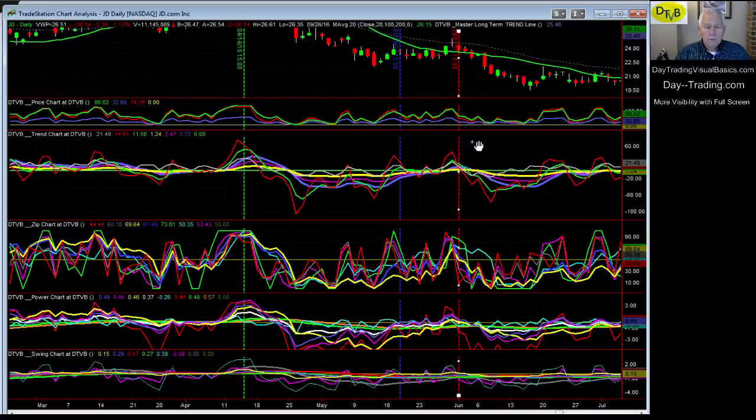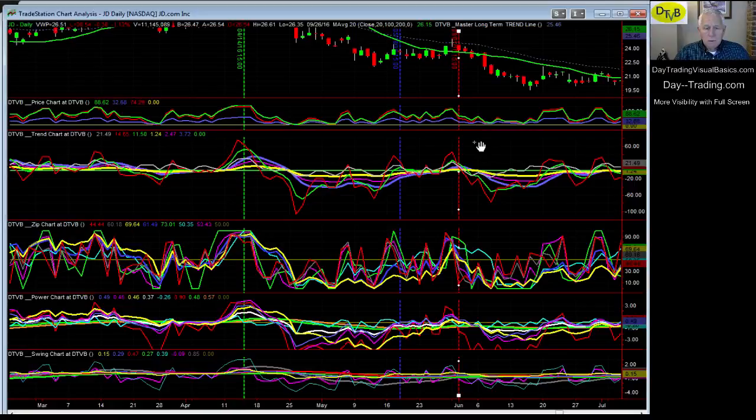Same is true here. When the red line crosses under the green, you are basically in the start of a downtrend. And when it does it on the same day as the initial BOC pattern, then it can indicate even more strength. Not always, but usually.